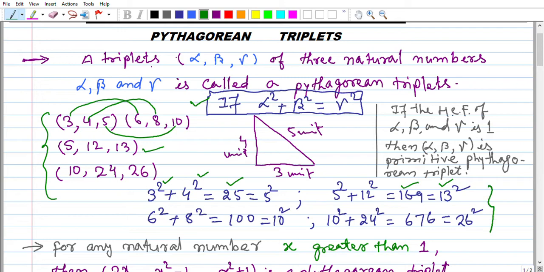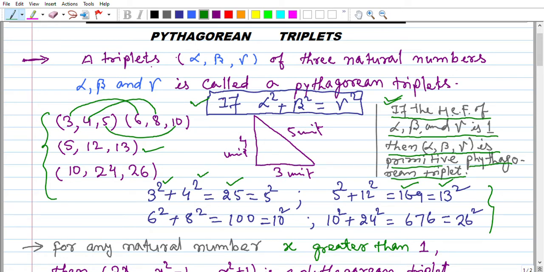After all, I have written something here. You see, if the HCF of alpha, beta and gamma is 1, then alpha, beta, gamma is a primitive Pythagorean triplet.